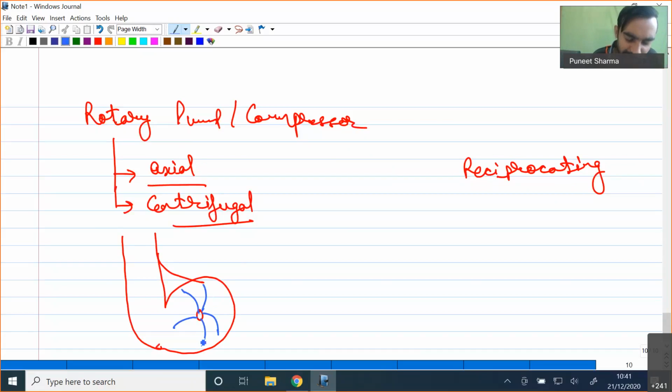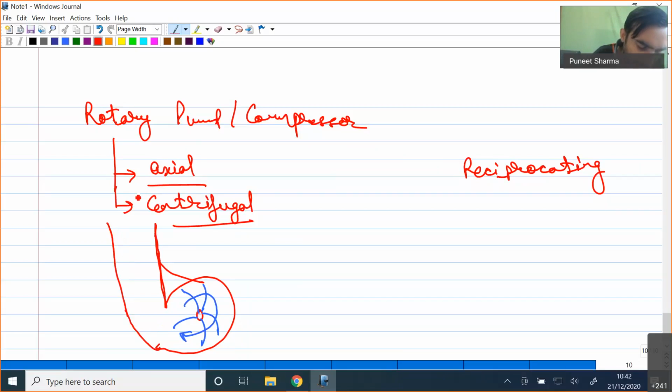While the rotor rotates at a certain velocity, it imparts kinetic energy to the working medium. Once this kinetic energy is imparted, we have a diffuser section, a section of increasing cross-section area.